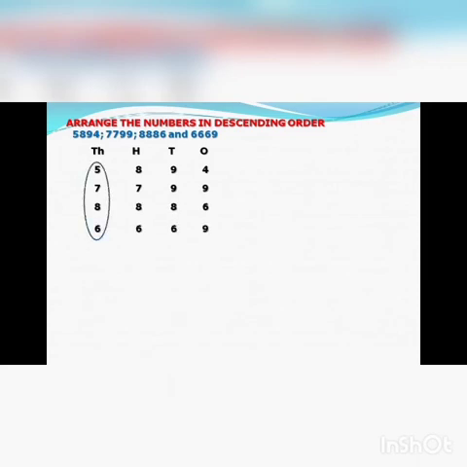Look at the four numbers here. First, we arrange the given numbers in place value chart as shown. On comparing the digit at the thousands place, you can notice that 8 is greater than 7 and 7 is greater than 6 and 6 is greater than 5. So, 8886 is the greatest number.